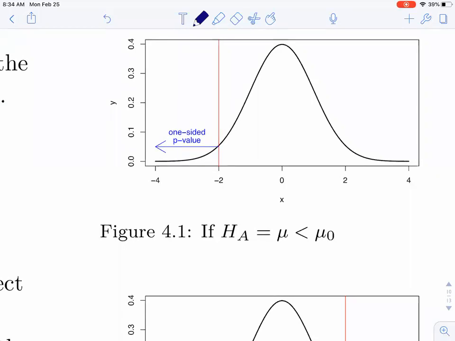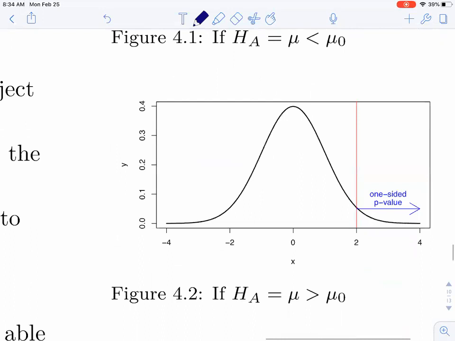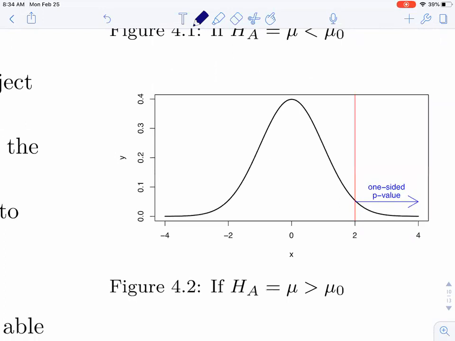That's if you want to know if mu is less than the hypothesized mean. Okay. Same thing if you want to know if mu is greater than the hypothesized mean. So your hypothesized mean is here, and you have a sample mean that's above it. Then, and it's 2 standard deviations above it, let's say, then the area in the tail is your one-sided p-value.